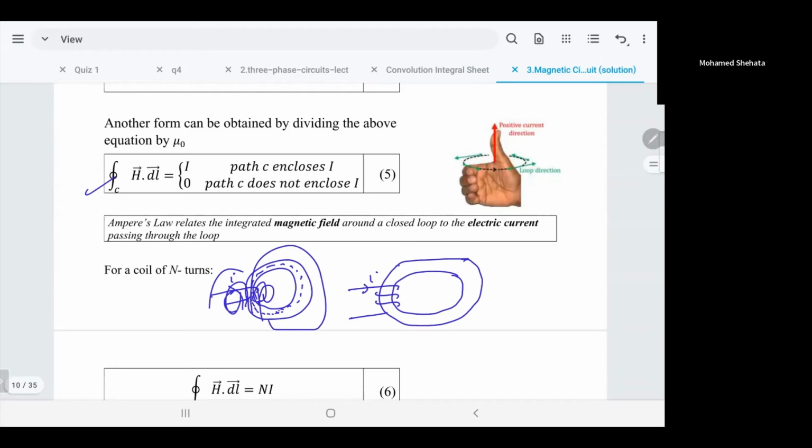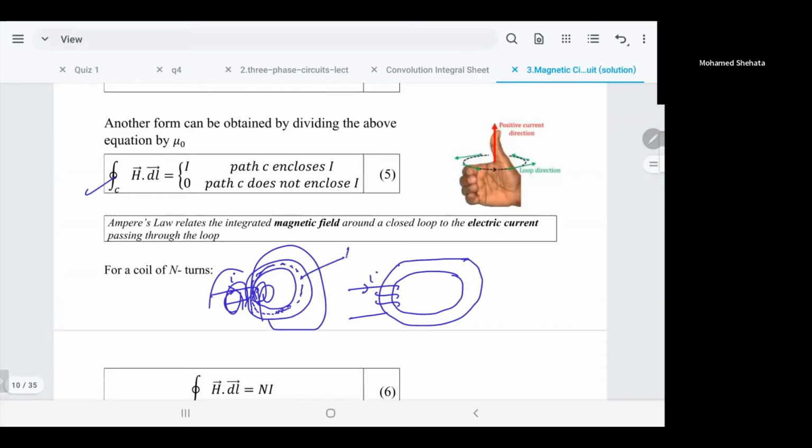When you have a conductor with current in it, there is a magnetic field circling everywhere, not only in one circle. So if you choose any path, the intensity of magnetic field along this path will be helpful. H dot dl, what does dot dl mean? It means the intensity that you want to calculate should be along the line that you choose. So say you have the coil, and this is the dotted line.